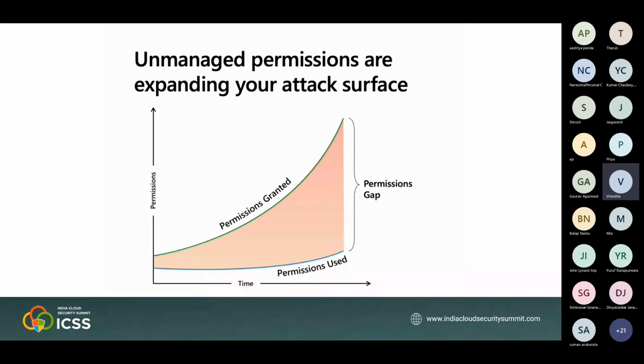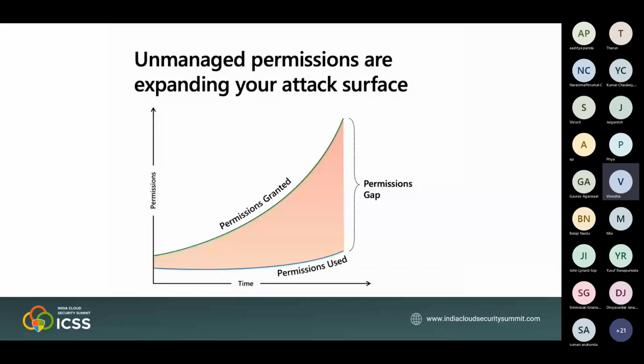To measure this permission gap, they have a metric called the permission creep index. Using this index, they measure customers on average, randomly. The result shows that over 90% of identities use less than 5% of the permissions they are granted. That means 95% of permissions are unused and excessive.